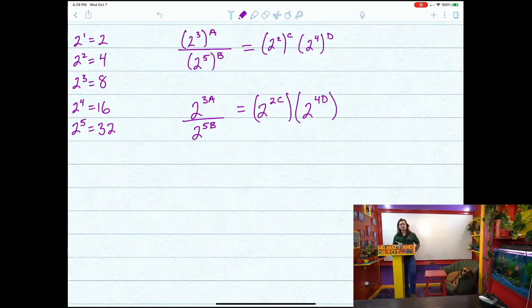Now you have common bases raised to exponents, and you're either dividing or multiplying, so you can subtract the exponents or add the exponents respectively. Then you'll have common bases on opposite sides of an equal sign, so you can drop the bases and equate the exponents, and then just get a by itself, and you'll have your answer on the other side of that equation. So I'll give you one more minute, and then I'll give you the solution.